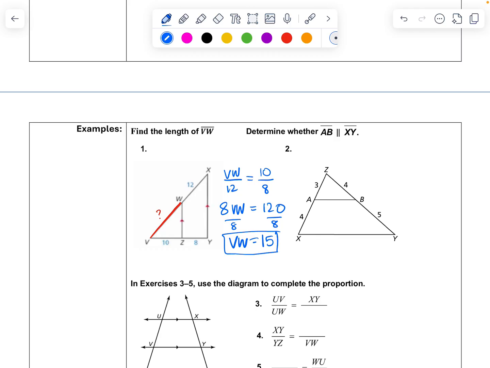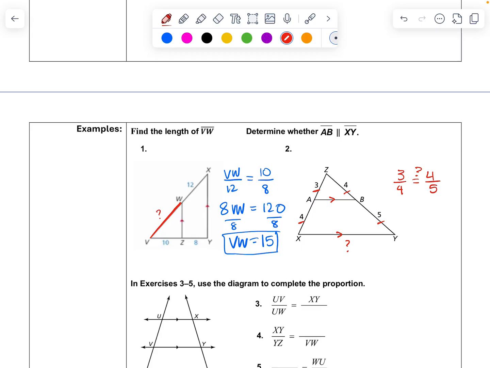And number 2, it says determine whether AB is parallel to XY. So in order to see if these two lines are parallel, that's what we're trying to find, we have to check that these proportions are equal. So does 3/4 equal 4/5? Okay, so let's just put that in the calculator.